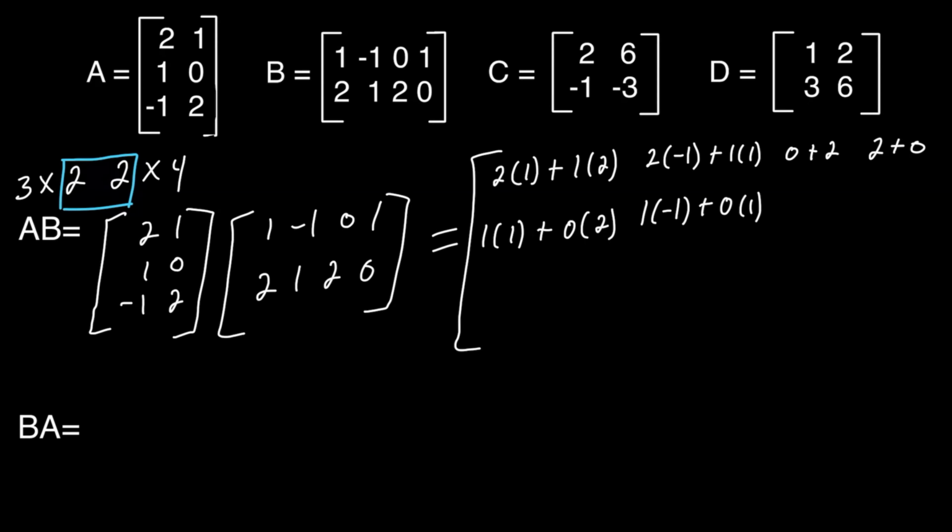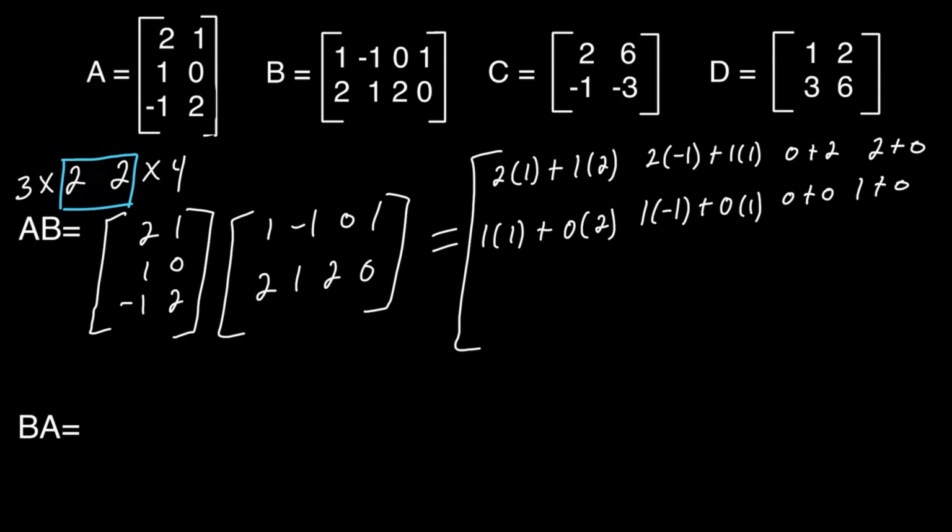And I think you're seeing the pattern here. 1 times 0, which is going to be 0, plus 0 times 2, which is also going to be 0. 1 times 1, which is going to be 1. 0 times 0, which is going to be 0.